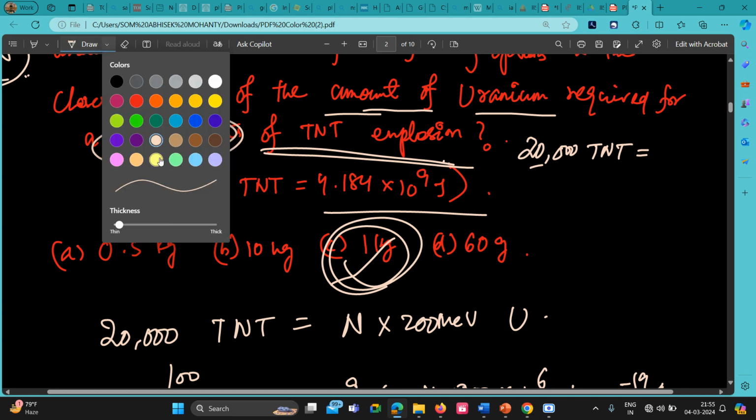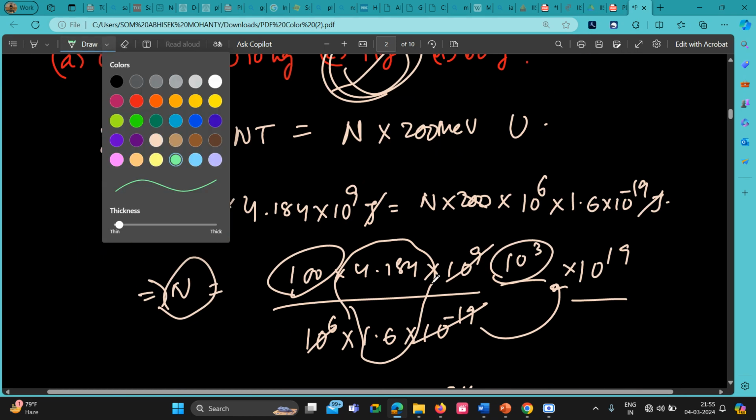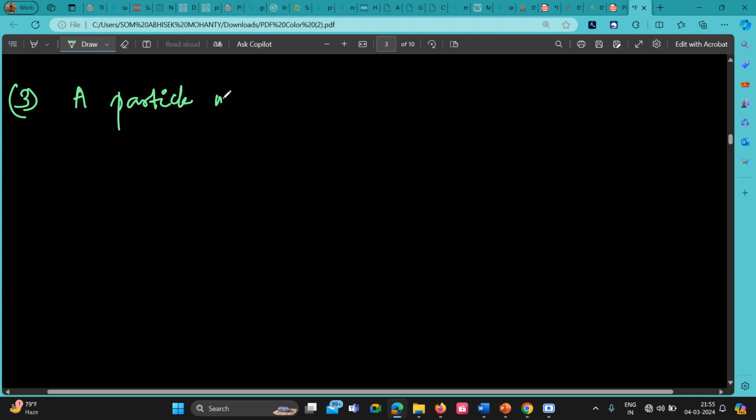Question number 3. A particle moves with finite velocity and acceleration.